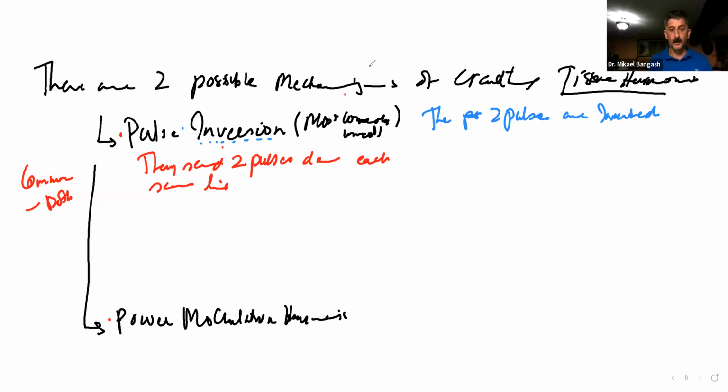If this, for instance, was 1 pulse, then this would be the other pulse.